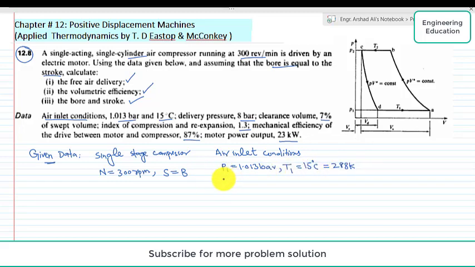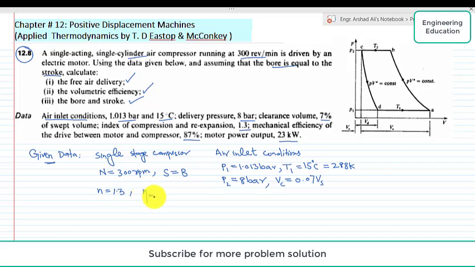Delivery pressure P2 is 8 bar. Also clearance volume is 7% of the swept volume. Polytropic index is 1.3.